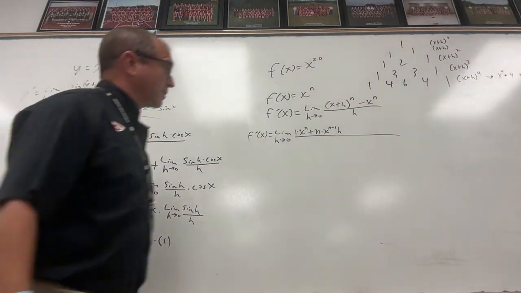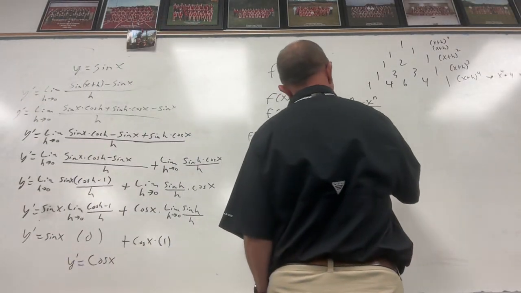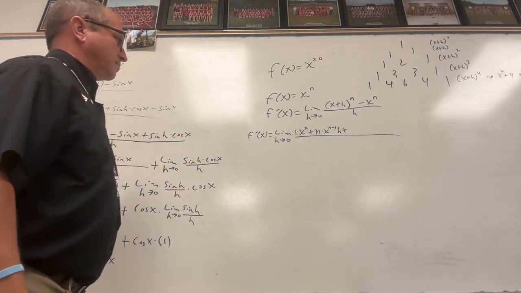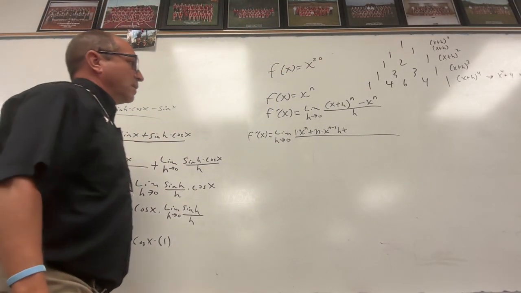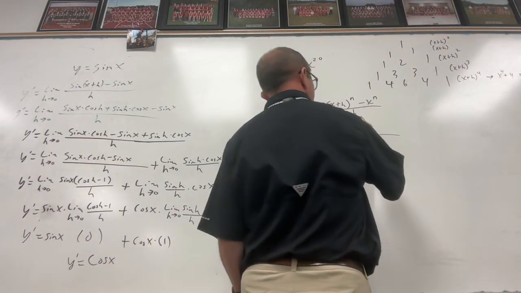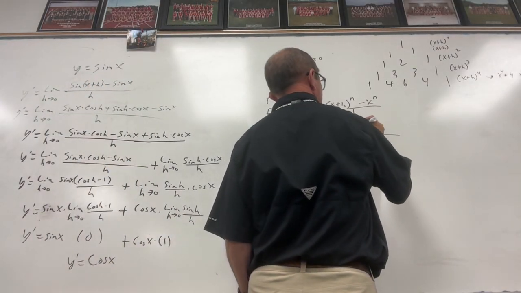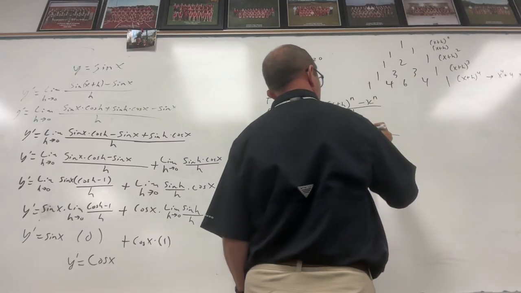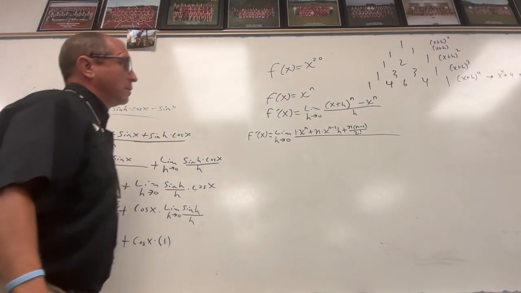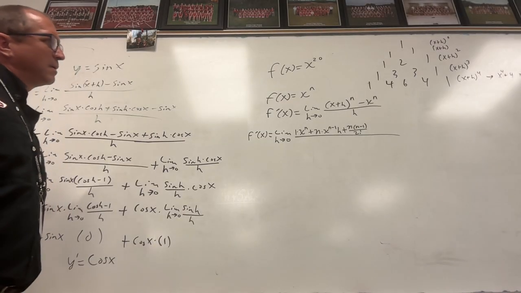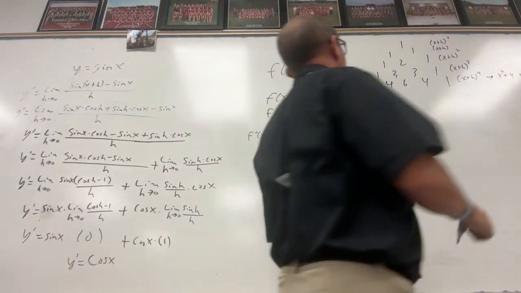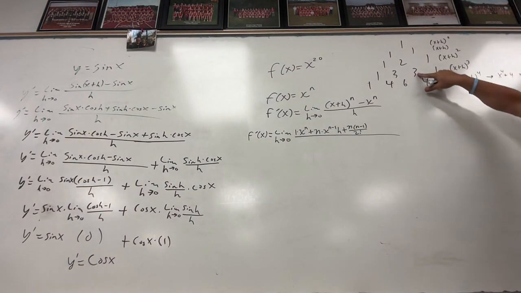All right, what's the next term here? Well, it's going to be n times n minus 1 over 2 factorial. So think about the third term in this row right here.